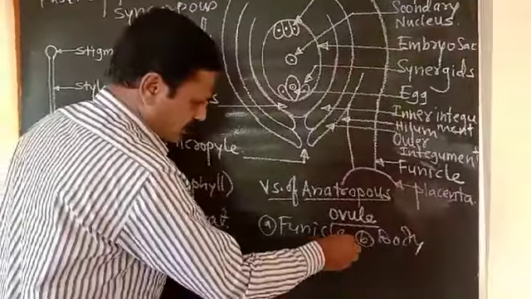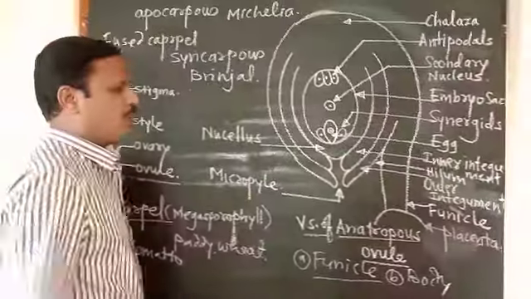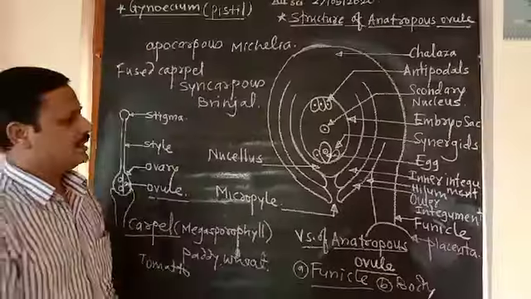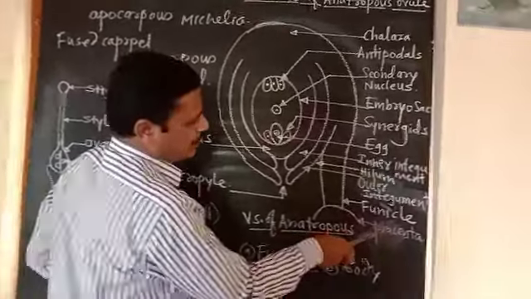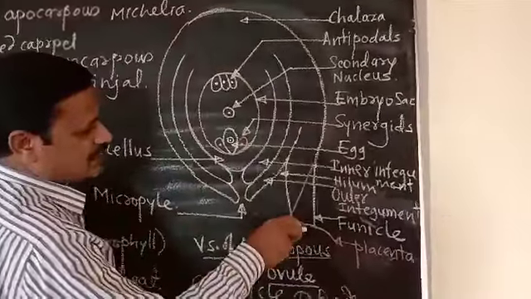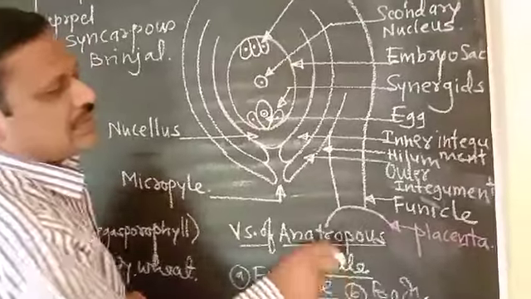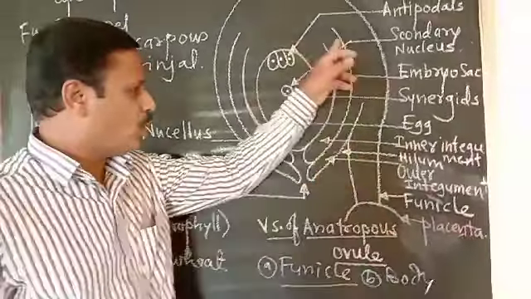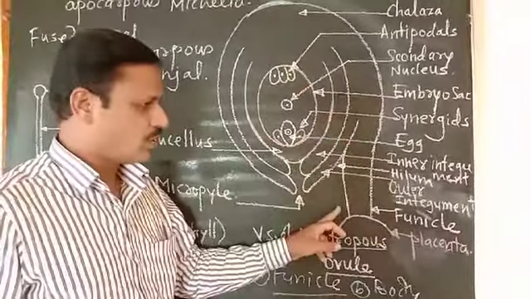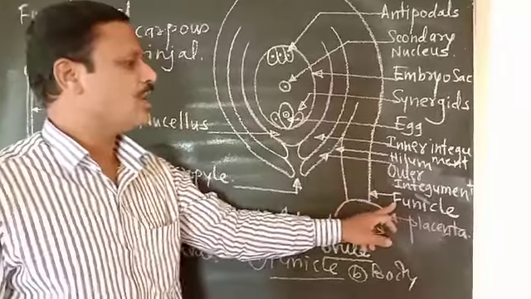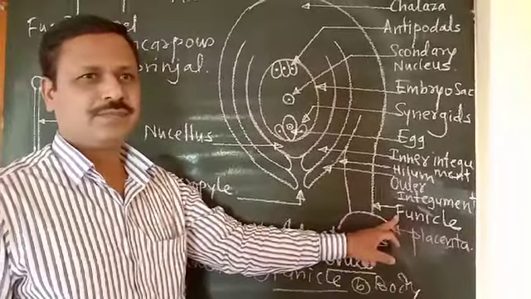Firstly, we discuss the funicle. Here is the label, funicle. The stalk of the ovule is called funicle.